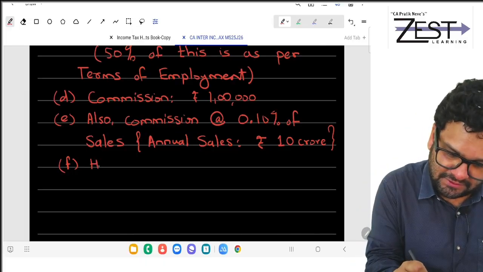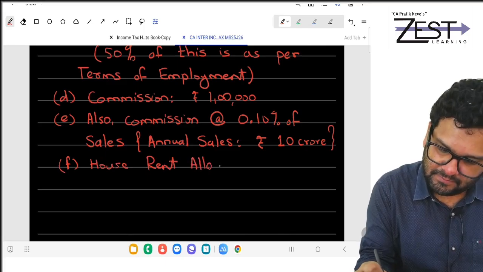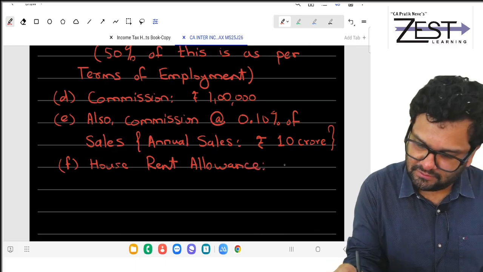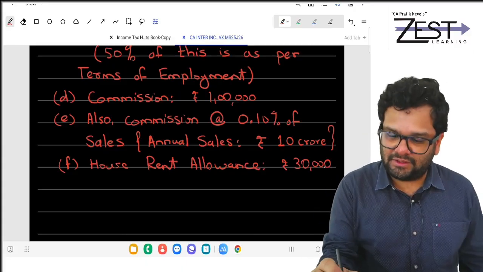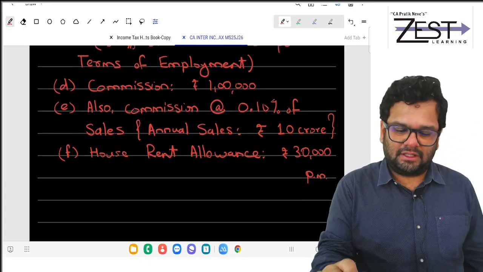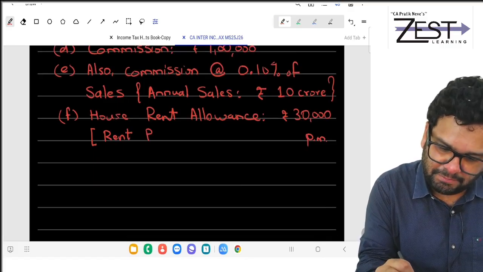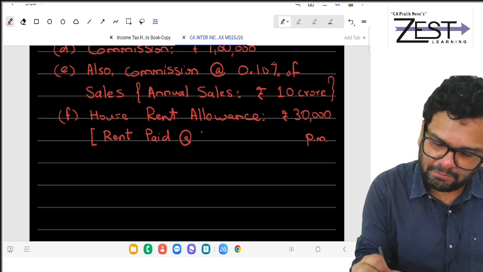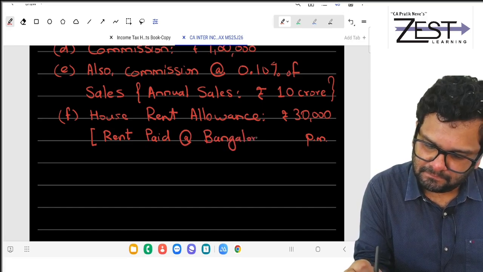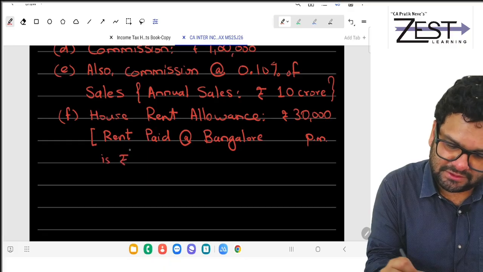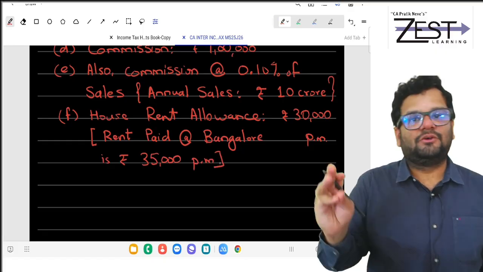House rent allowance. He gets house rent allowance of say 30,000. How much is the house rent allowance? 30,000 per month. Rent paid at say Bangalore is rupees 35,000 per month. So HRA also you have got.